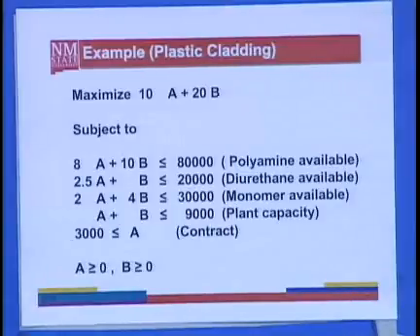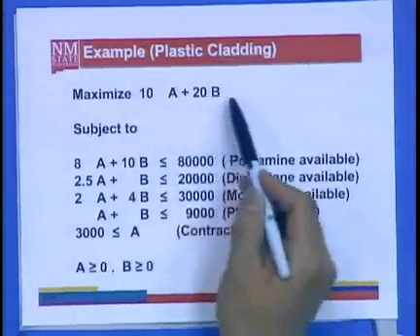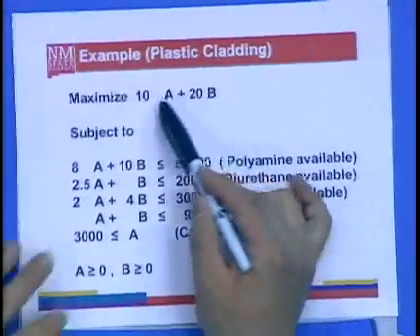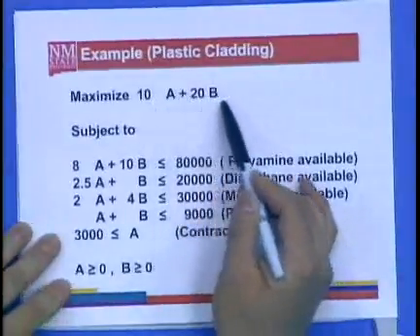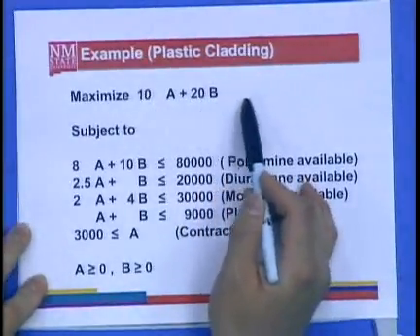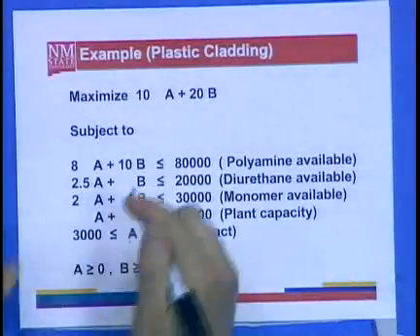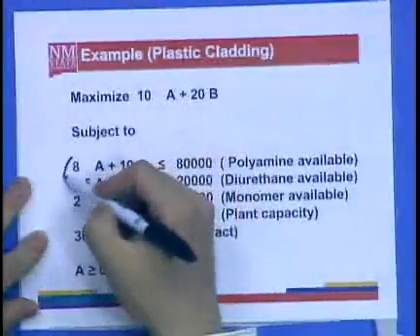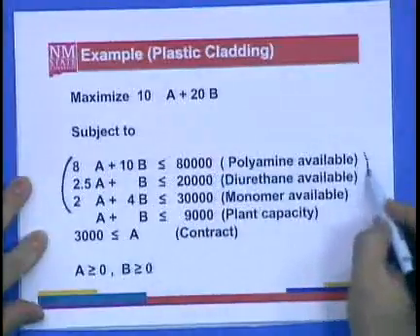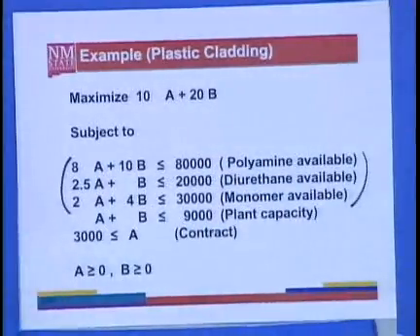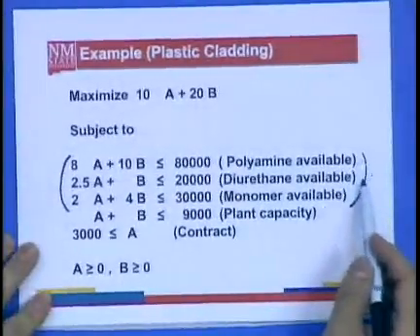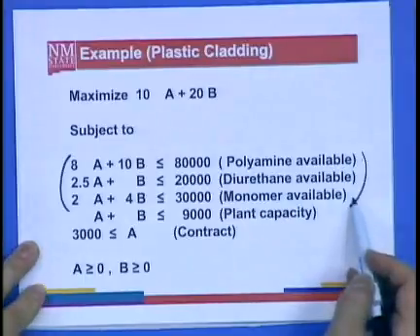And our objective is to maximize profit, which is 10 times A plus 20 times B, subject to a set of constraints. The first three inequalities are the resource constraints for each ingredient: polyamine, diurethane, and monomer. Okay?